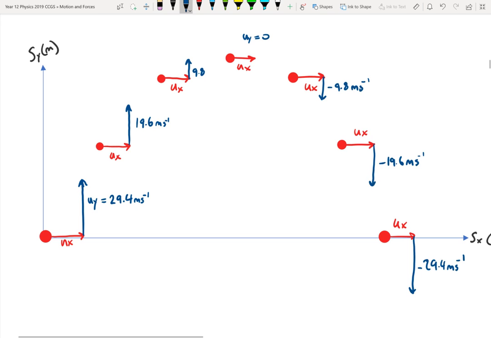So we've got these brief snapshots in time every 1 second, and we might want to say that that's u. This might be v after 1 second. This might be v after 2 seconds. That's v after 3 seconds, etc., etc.